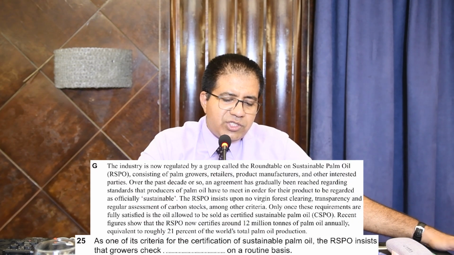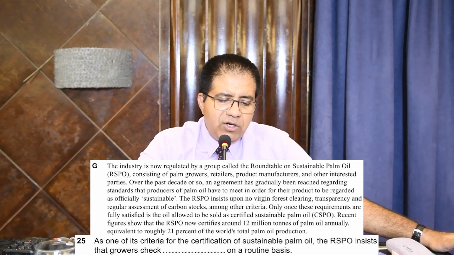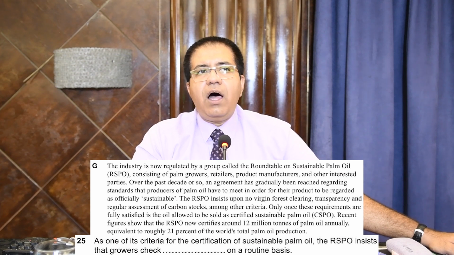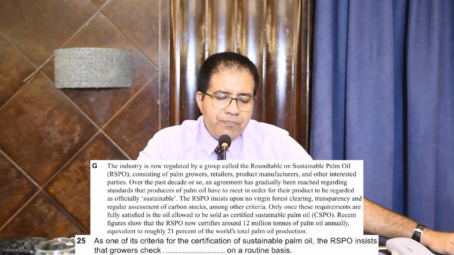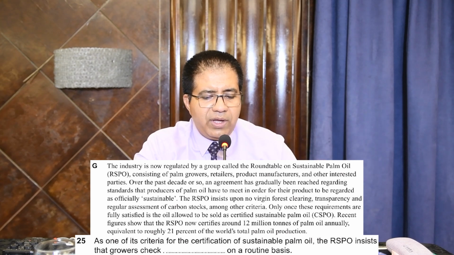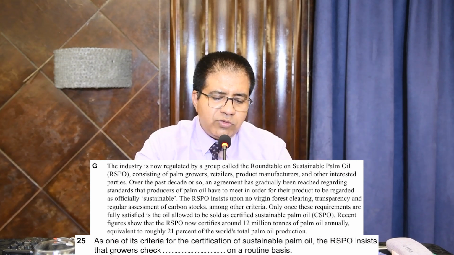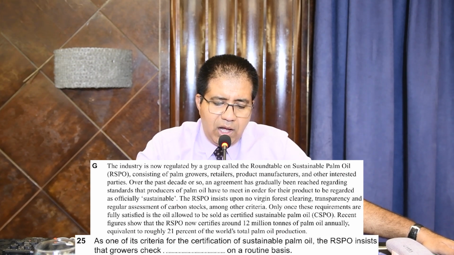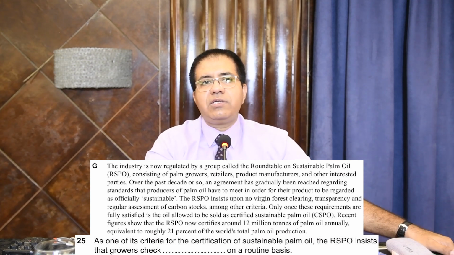Now let's read the question carefully. As one of its criteria means criteria of RSPO for certification of sustainable palm oil, the RSPO insists. Underline RSPO insists, and go back to the passage and find RSPO insists.